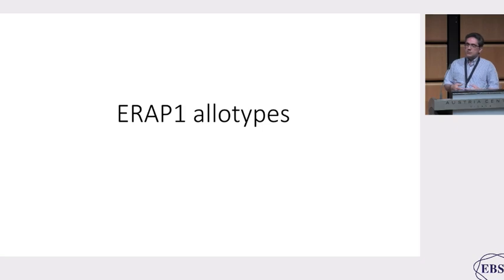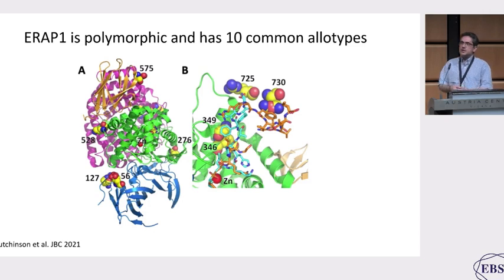You can define what we call allotypes, which are combinations of particular polymorphisms within the gene. And it turns out with a recent genetic analysis we did that essentially in Europe, 99.9% of the people have one of 10 possible allotypes. These allotypes are defined by particular mutations, common polymorphisms that are scattered all around the enzyme. These are shown here, and they're all away from the catalytic site.